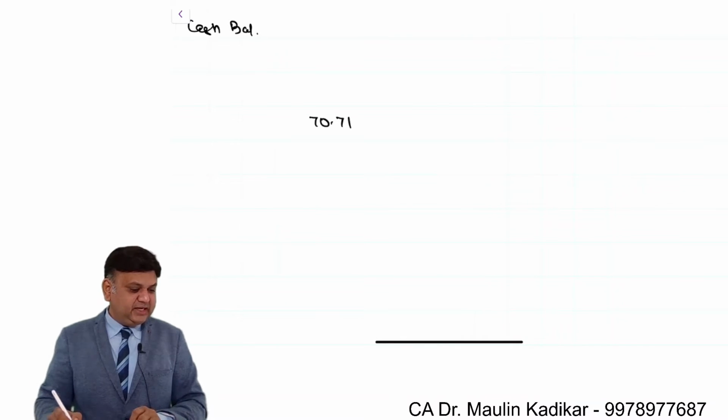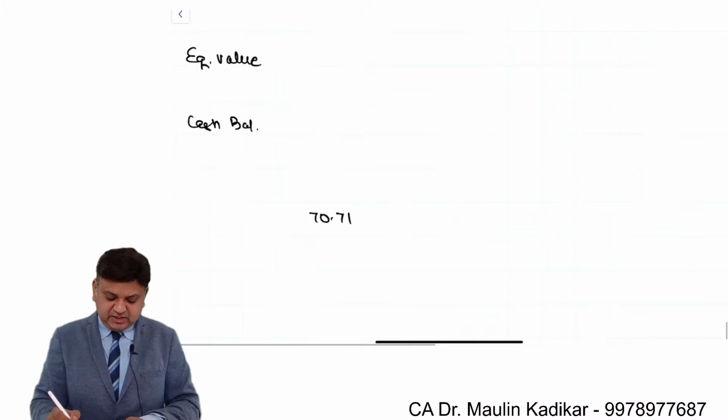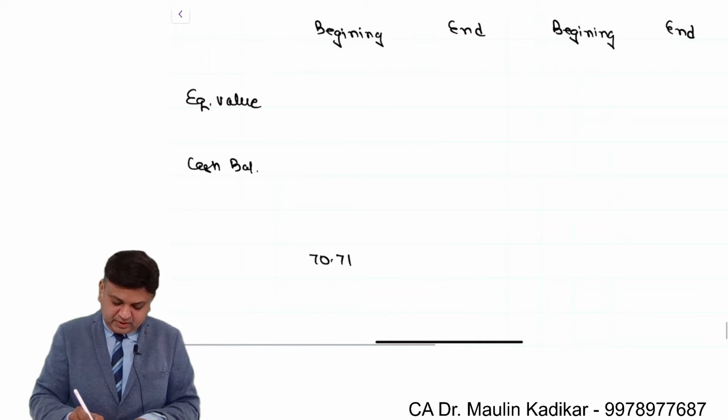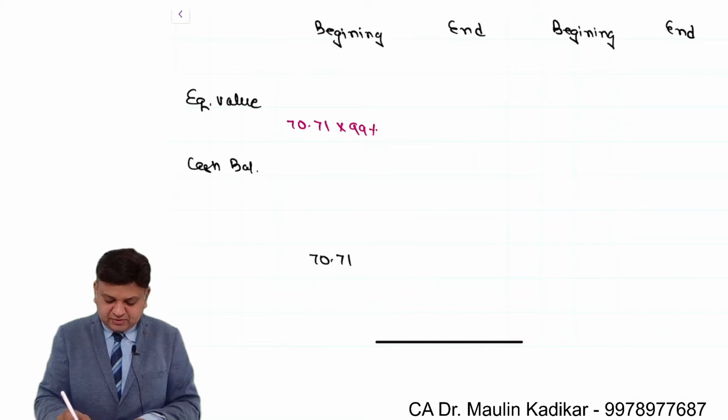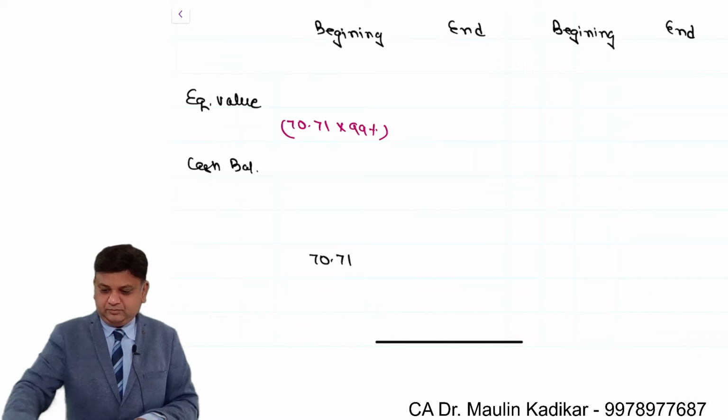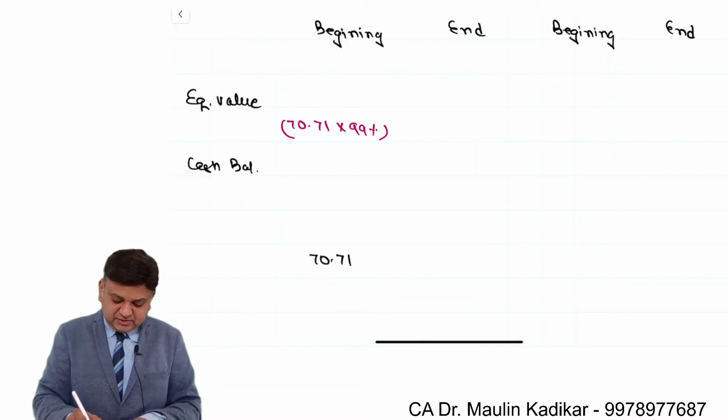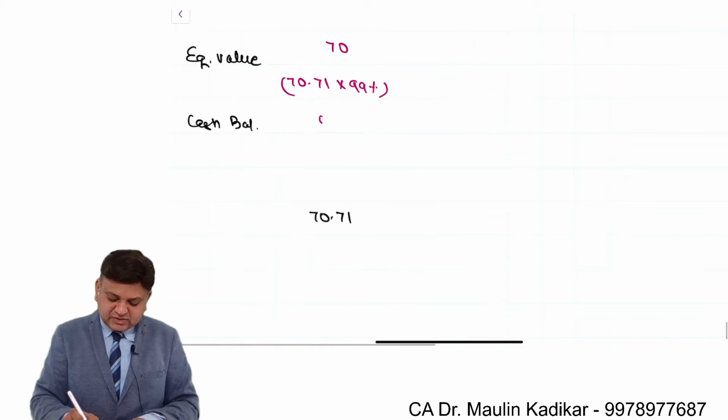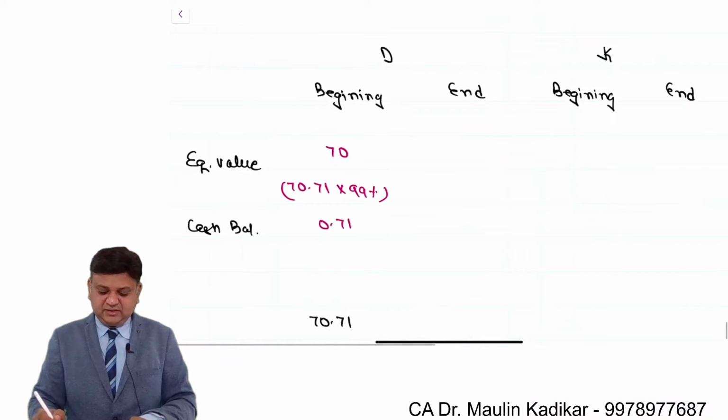And 99% is what we understand is equity. So 70 rupees 71 paise into 99 percentage. That comes to 70 rupees. And this is the balancing figure, 71 paise.